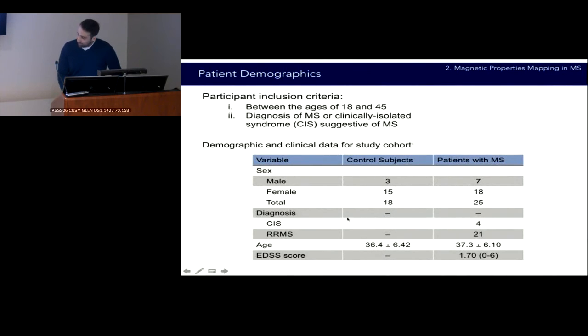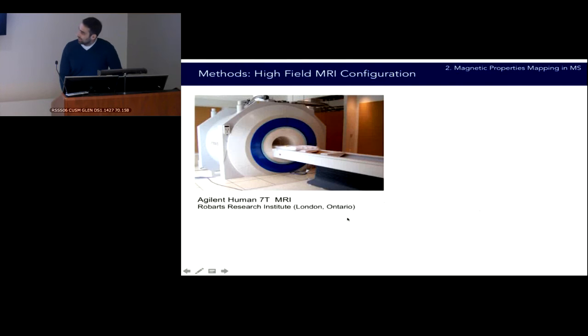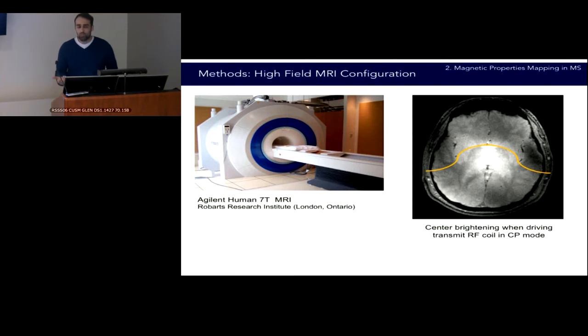So this imaging was all done on a 7 Tesla MRI system, which is really the only one of its kind right now in Canada. As Eve mentioned, there'll be one at the Neuro coming this fall, which will be a whole body system. And one of the challenges with using 7T versus conventional 3T and 1.5T is that if you do your imaging the same way you would at lower fields, you get unwanted brightening artifacts, which are also referred to as dielectric resonances.